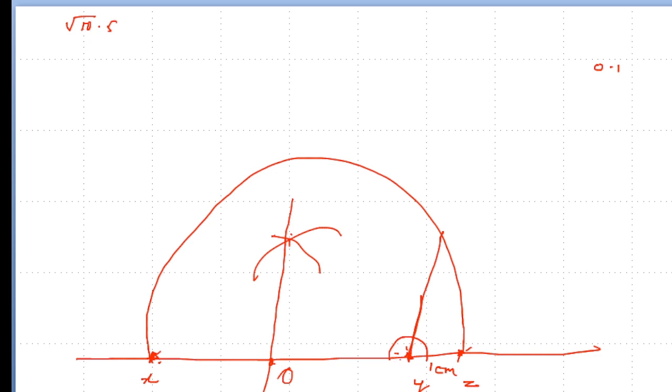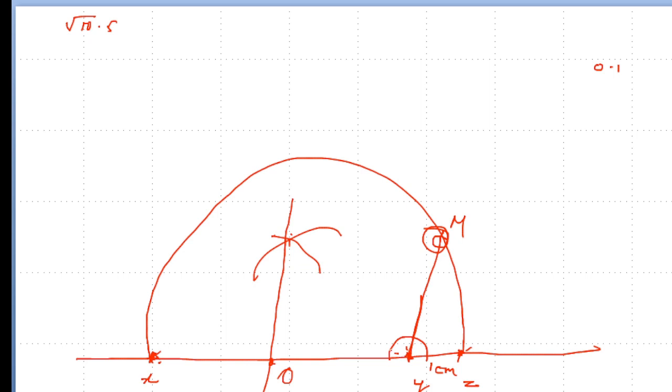It will touch a point, so this is OZ, sorry. Now I will call the point M. Remember, this is very important. Now our representation is completed, and we will show the square root of 10.5.